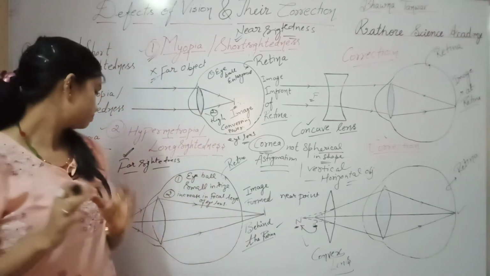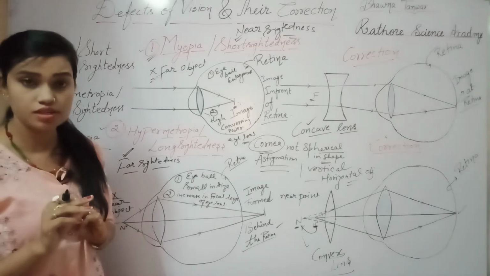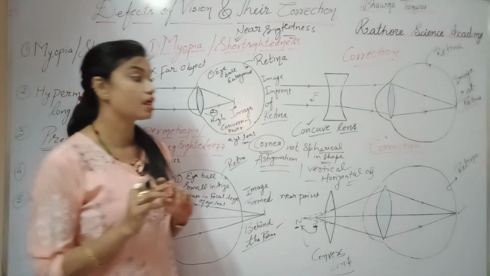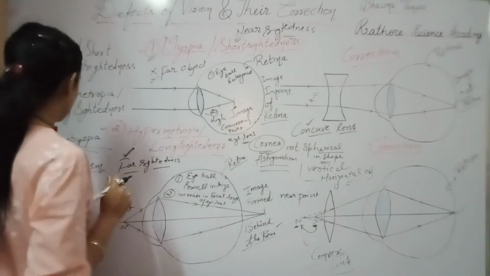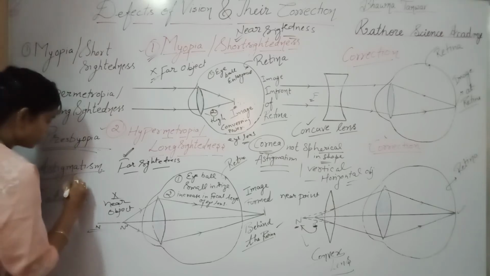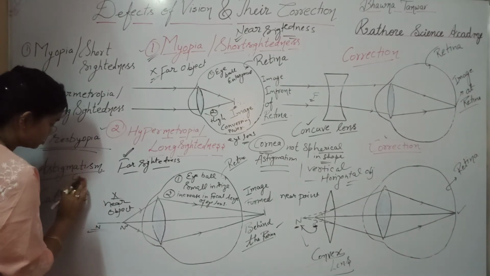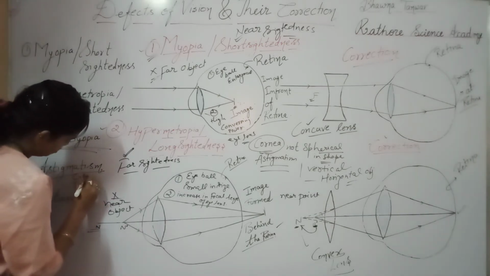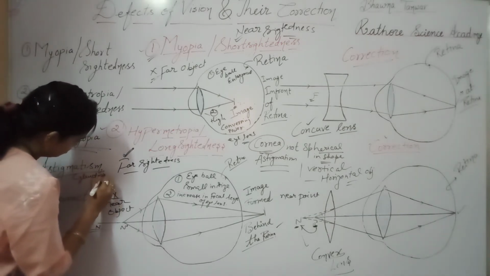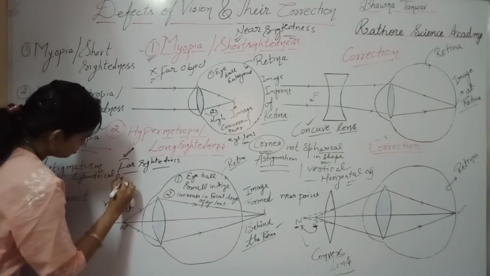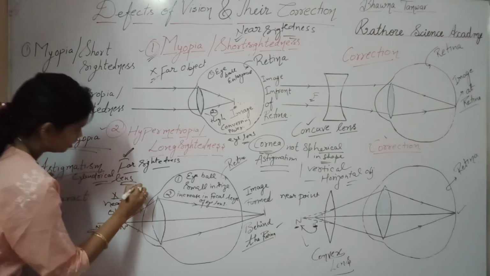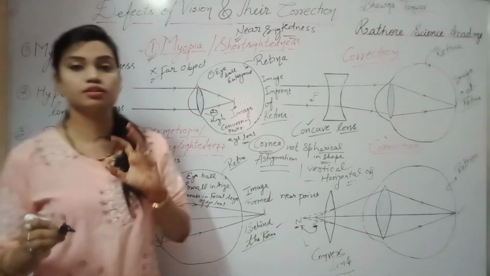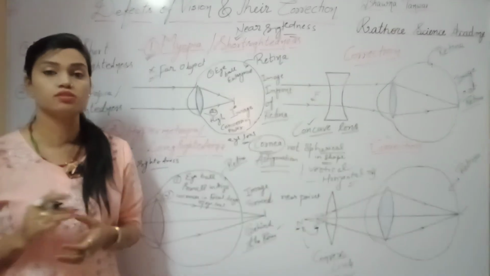For them, we use which kind of lenses? Yes, cylindrical lenses. The people who are suffering from astigmatism will use cylindrical lenses in their spectacles. Okay.